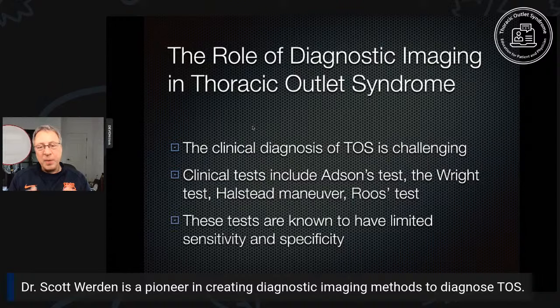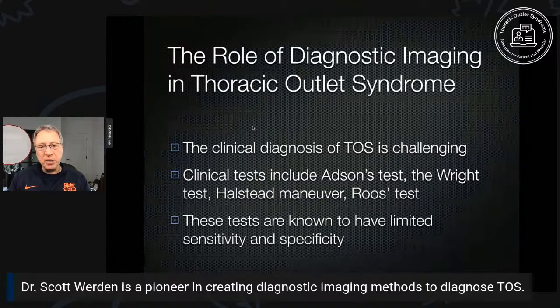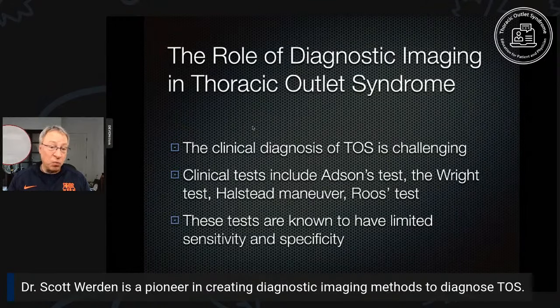In other words, they can't pick up a lot of cases where TOS is really there, and they can't rule out TOS when it's not really there with any high accuracy. In addition, they don't tell you what the underlying structure is that's causing the compression of each of these structures.